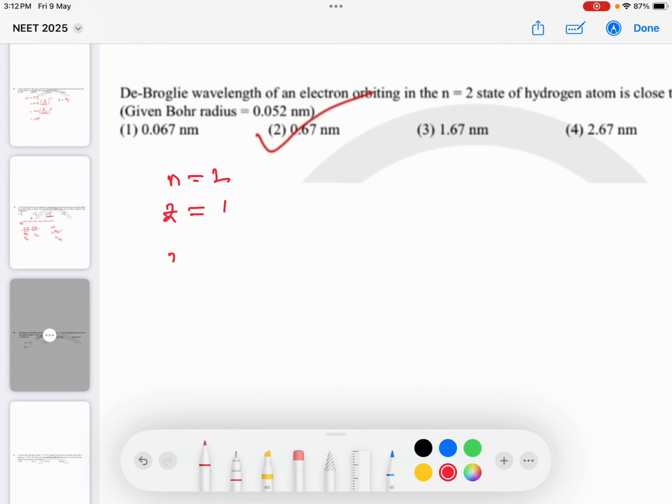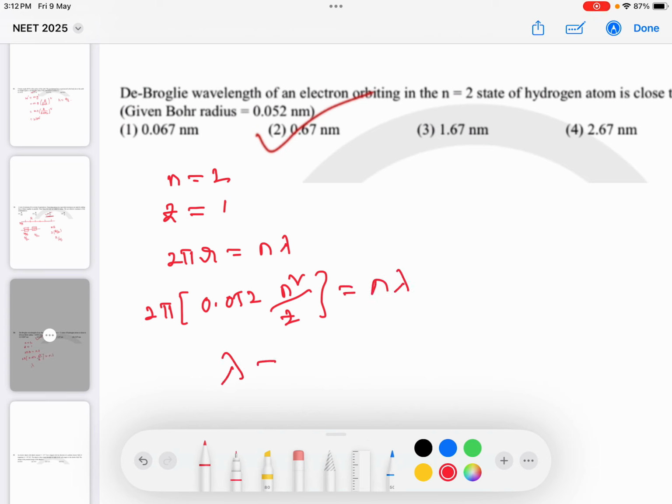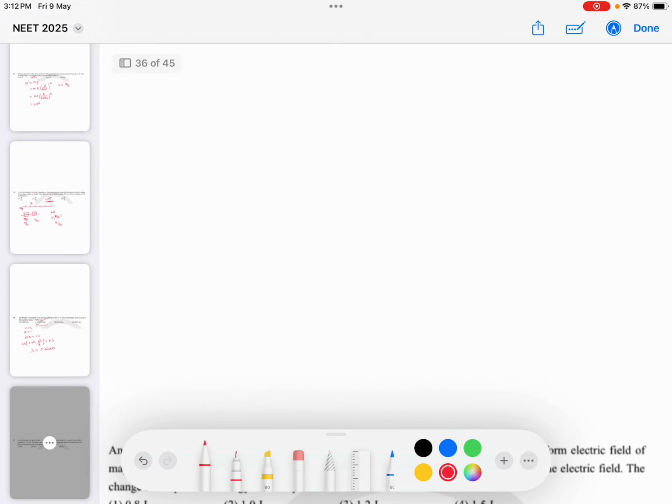So according to the condition, 2 pi r value is equal to n lambda. So 2 pi into r value is nothing but 0.052 n square by Z into n lambda. Then you can calculate the lambda value is equal to 0.67 nanometers. Option number 2 is there.